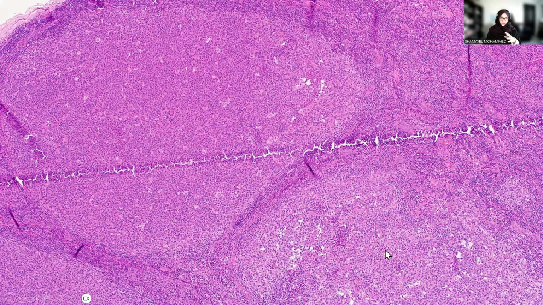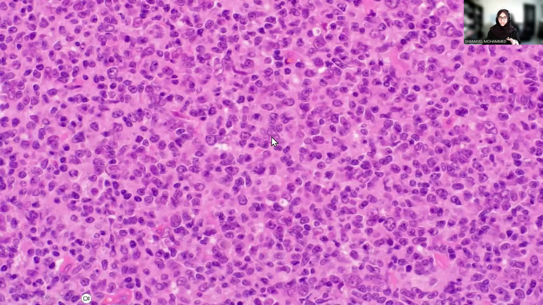As you can see here, they are very large follicles, and the follicles consisted of almost blast-like or large for sure lymphoid cells with vesicular chromatin and prominent nucleoli. They didn't look like centrocytes, but they are midway between centroblasts and centrocytes.